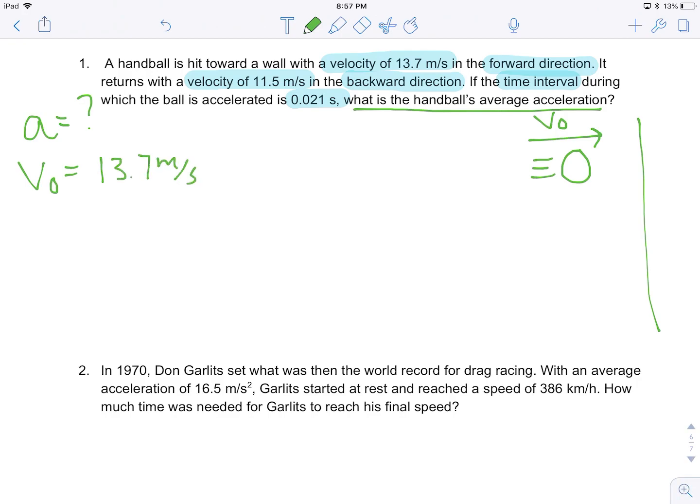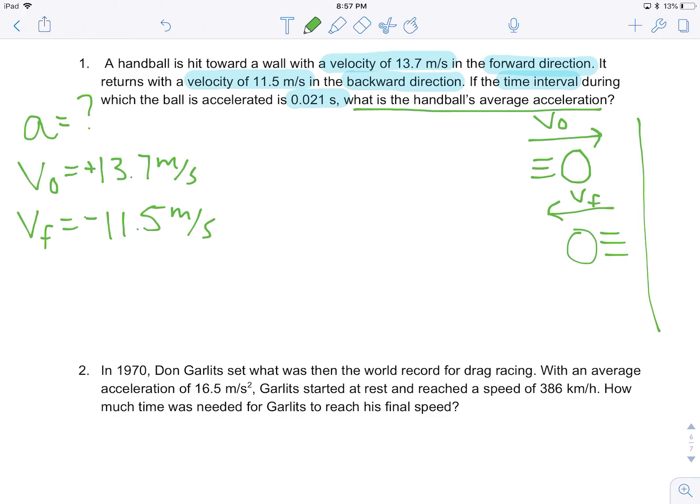It returns with a velocity, so it bounces off the wall and is going in the backwards direction at some other velocity, a velocity of 11.5 meters per second. I need to show that these velocities are occurring in opposite directions. The easiest way to do that with numbers is to make them different signs, positive and negative.